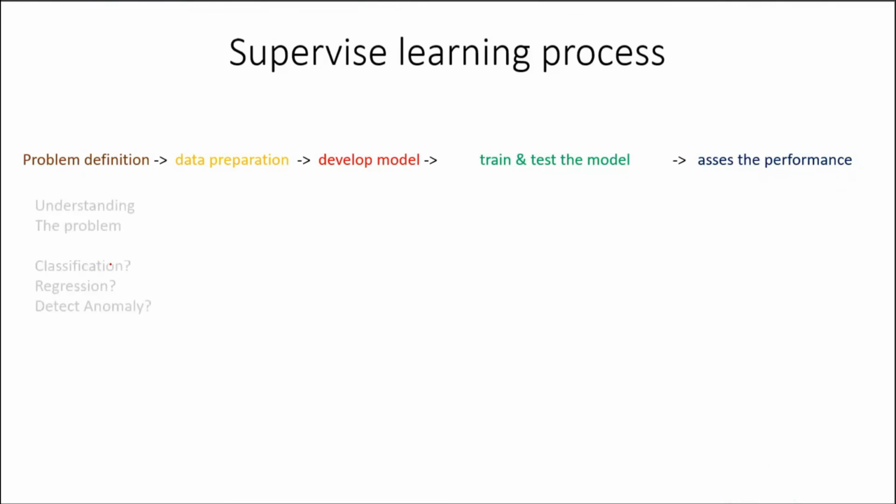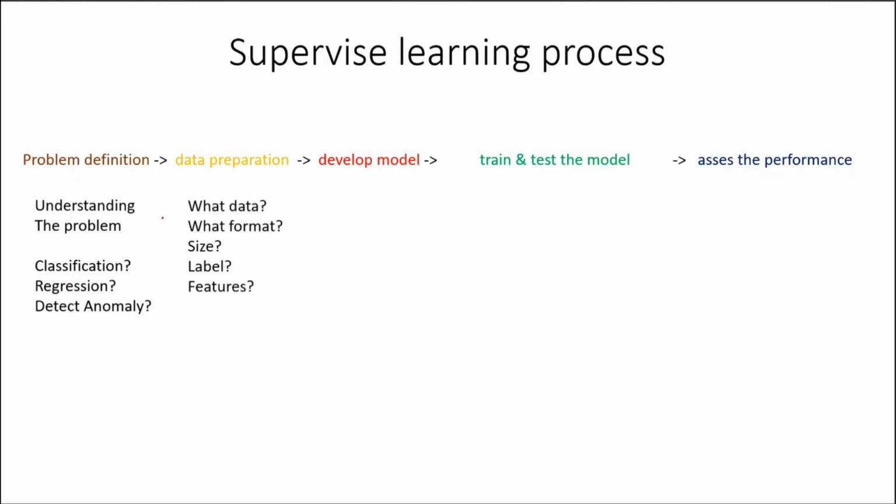So the first one is understanding the problem. It's important, you must understand the problem. If you don't understand the problem, then you don't know what kind of job to do, whether it's classification, regression, anomaly detection, and so on. Once you know what problem you want to solve and what application you're going to develop, then you can pick what data example to use for this project.